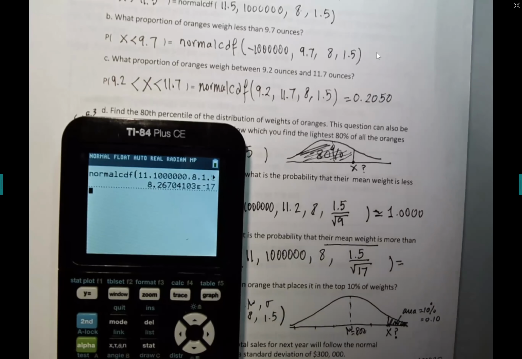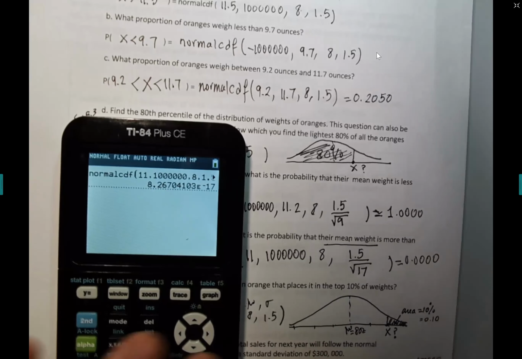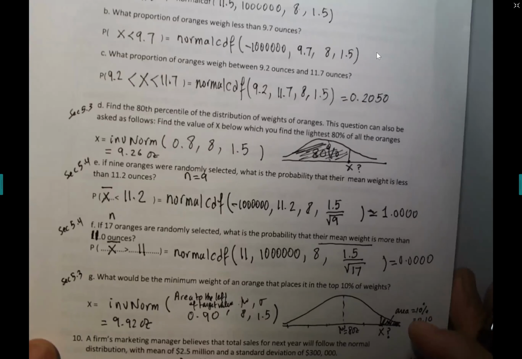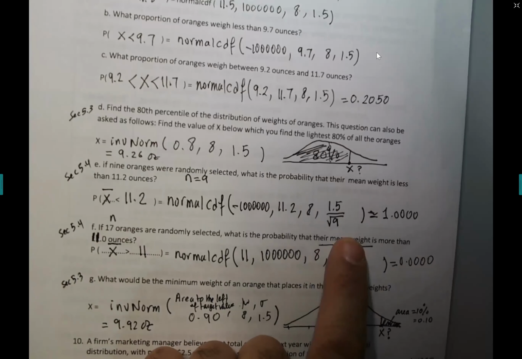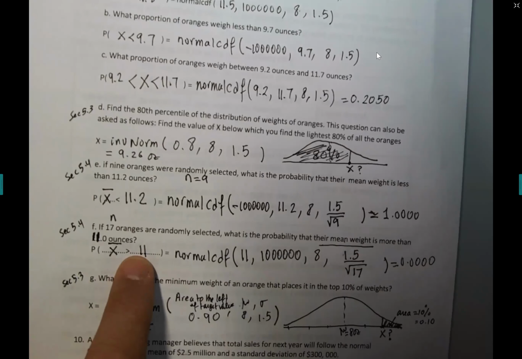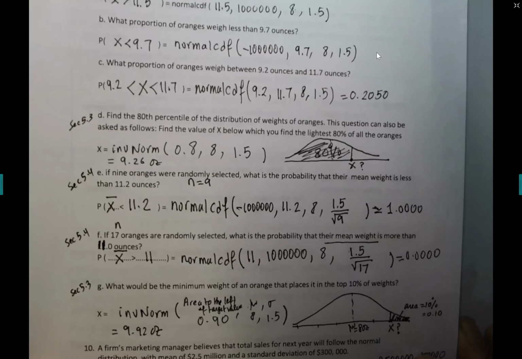Can someone tell me? The decimal moves 17 times to the left. Yeah, that means it's 0. Once you see an E minus, guys, your answer is almost 0. So I'll just put 0. So the chance, guys, that you pick 17 oranges and get an average weight of those 17 oranges more than 11 ounces is 0. It's not going to happen. It's almost 0. That is what it means.